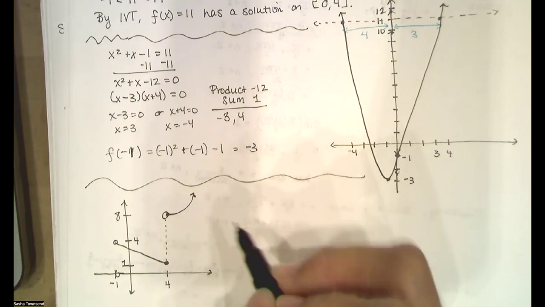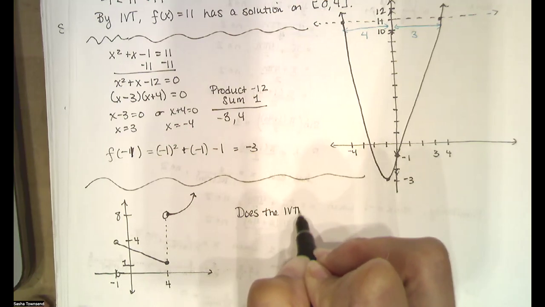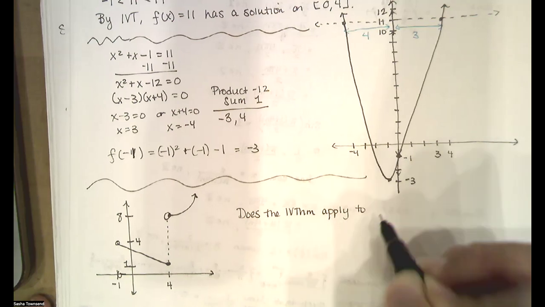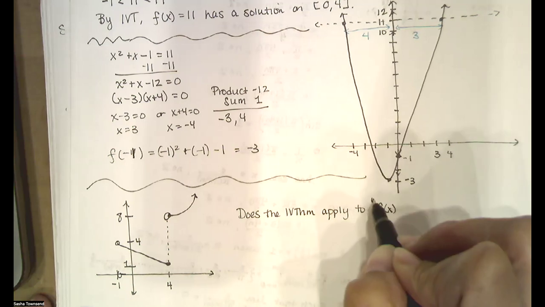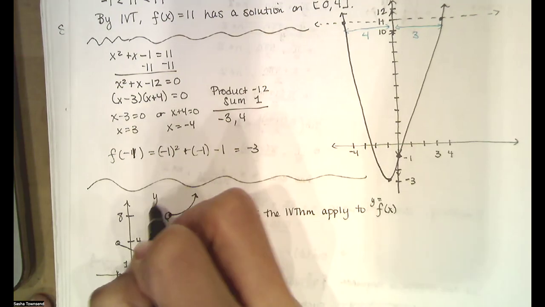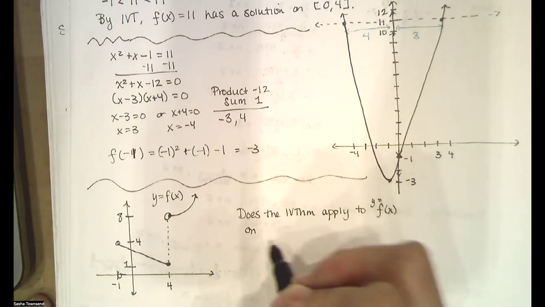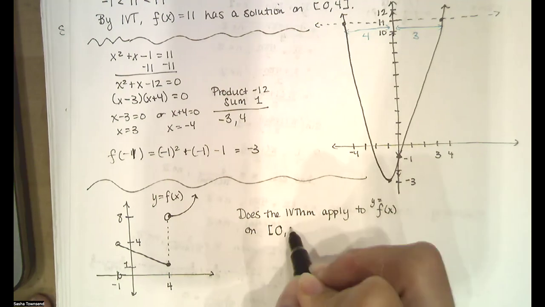Now let's say we're asked this question: does the intermediate value theorem apply to y equals f of x, where this is y equals f of x, on the interval from, let's say, 0 to 5?